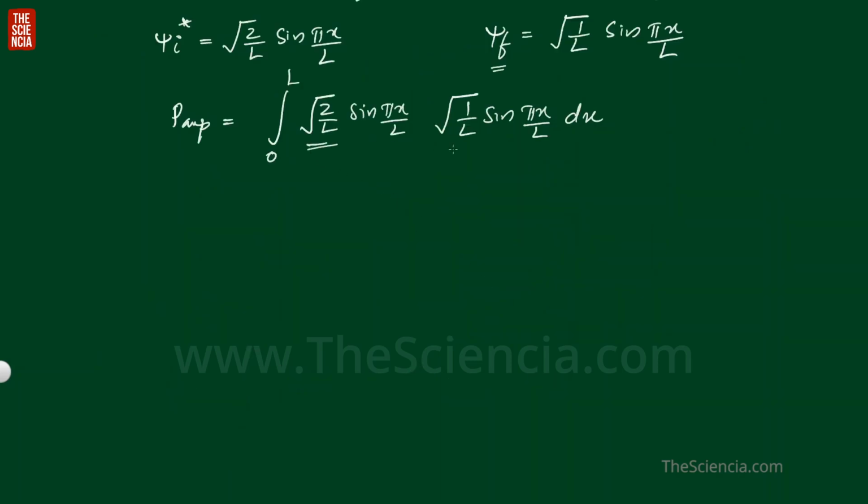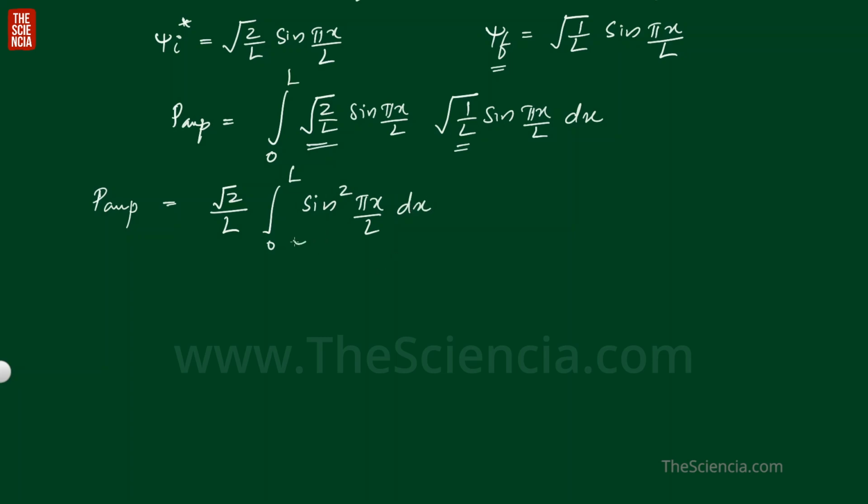These are common terms, so we can take them outside the integral. So probability amplitude is equal to root 2 by L, integral 0 to L of sin square pi x by L dx.